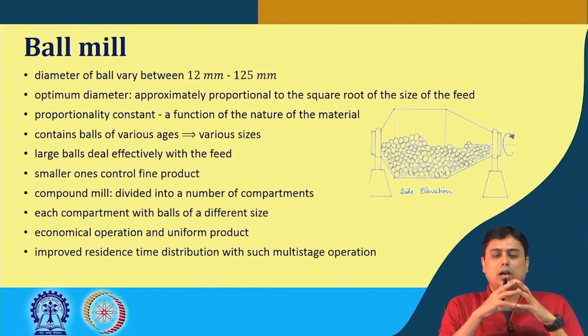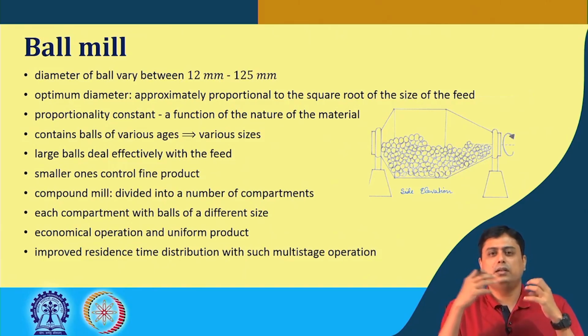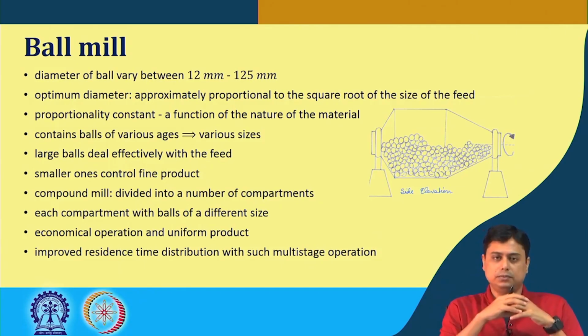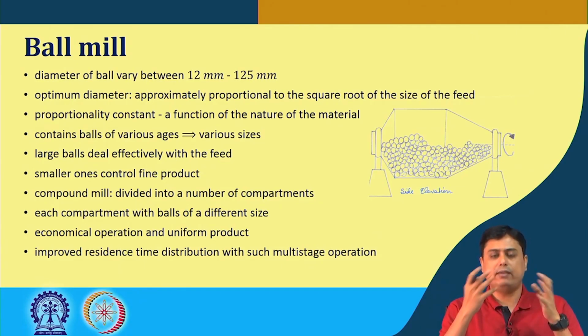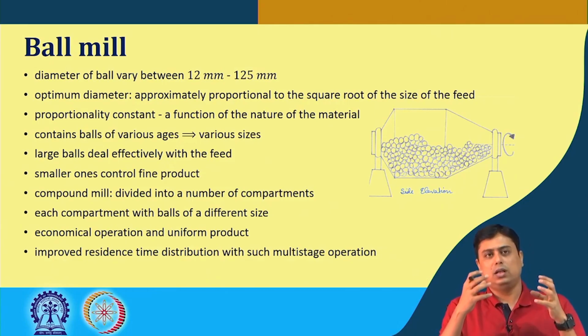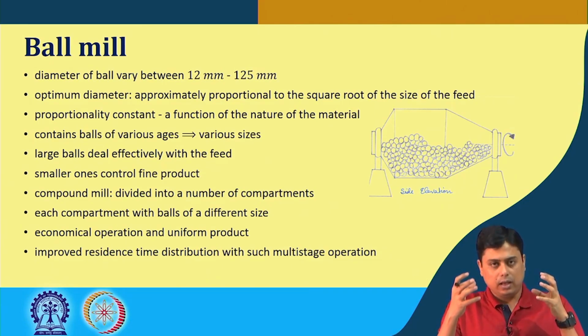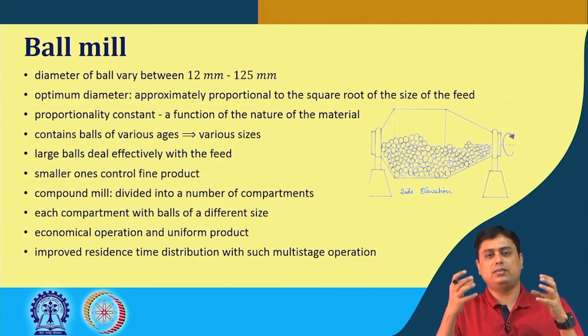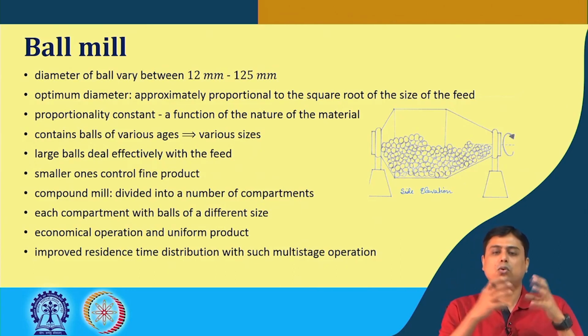Now, I repeatedly mentioned that this ball mill contains different sizes of balls. That is advantageous, because the large balls influence or affect the size distribution of the feed or the coarser material in an effective way.